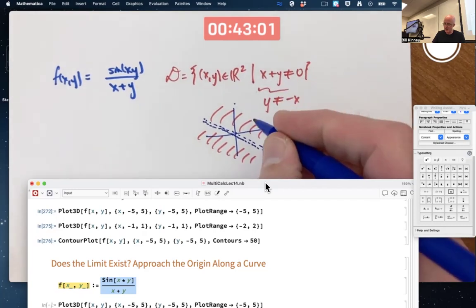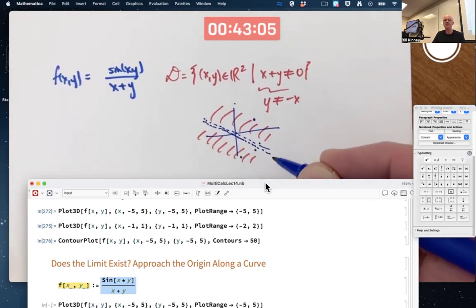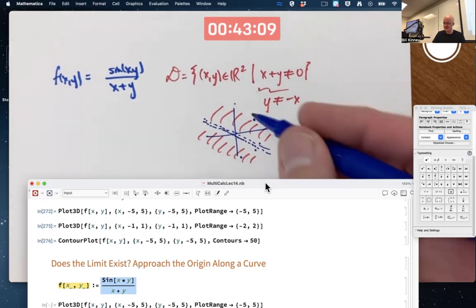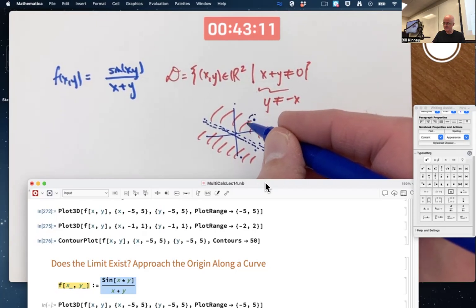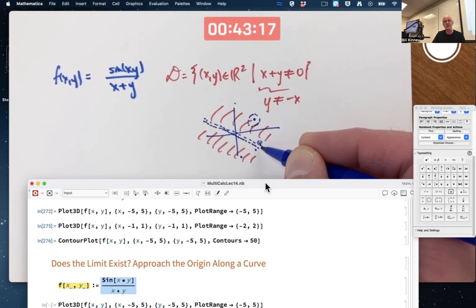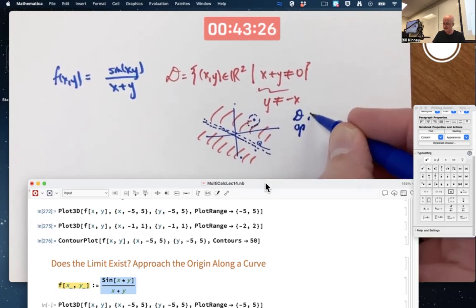No matter where you are, here, down here, here, here, as long as you're not on the line y equals negative x, there'll be some disk centered at the point that's entirely inside the red shaded set. It has to be a smaller disk as you approach the boundary of the domain. But it is an open domain. D is an open set.